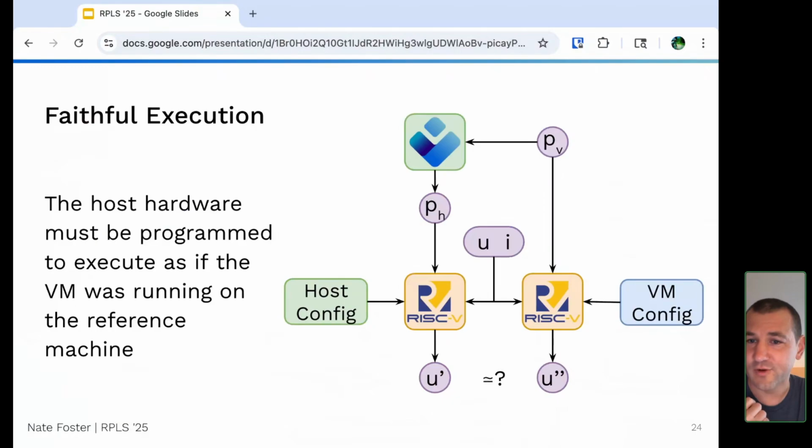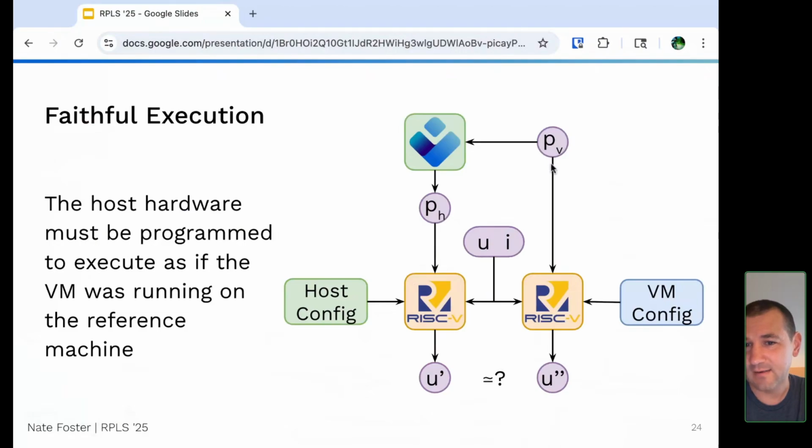So to trace this through, in the middle we have our initial state, we have the unprivileged instruction, and the hypervisor up here will have configured the host state. This is for the underlying host hardware, and it also has access to the privileged state for the virtual machine up here.